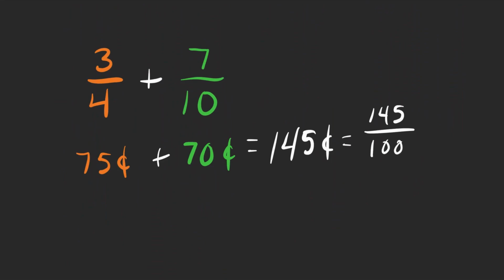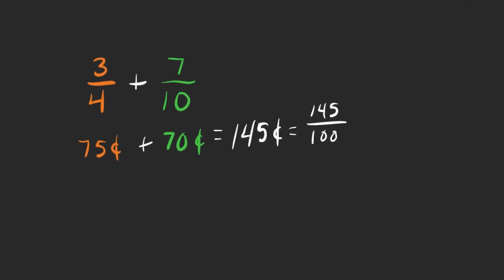And now you'll notice that's called an improper fraction when our top number, our numerator, is larger than our denominator. So what we can do here is pull out how many parts of 100 there are in this problem. Well, there's 100 hundredths, and then there's 45 more hundredths.